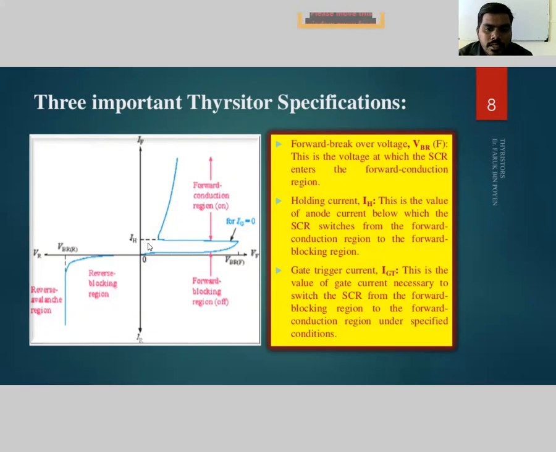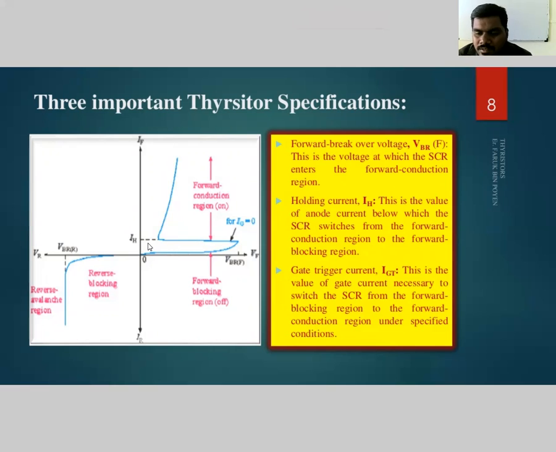So gate, and then next is gate trigger current, IGT, means through the gate terminal of the SCR, you can control the working of the SCR, means you can turn on or turn off the SCR. This is the value of gate current necessary to switch the SCR from forward blocking mode to forward conduction region under specified conditions.